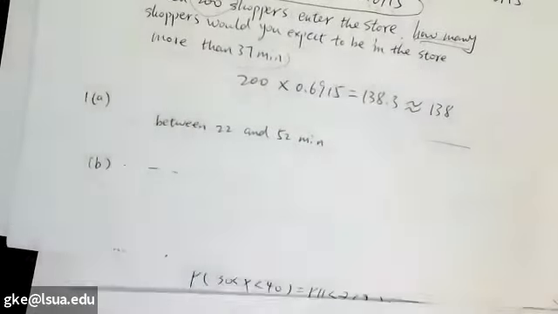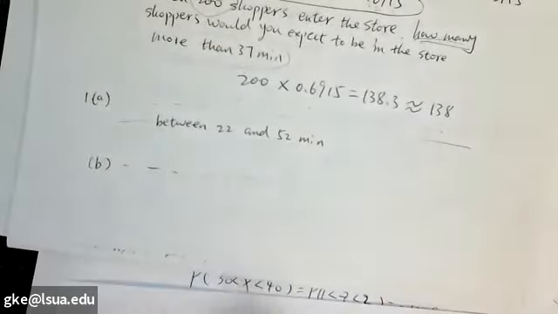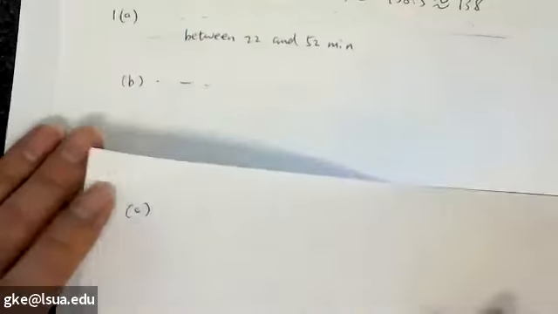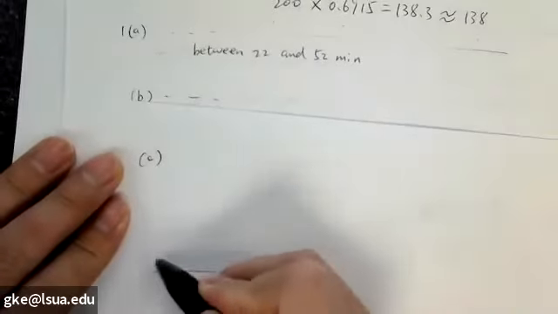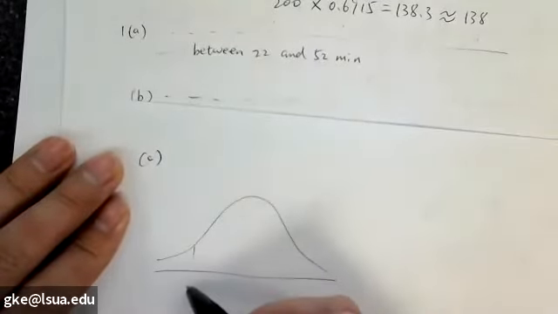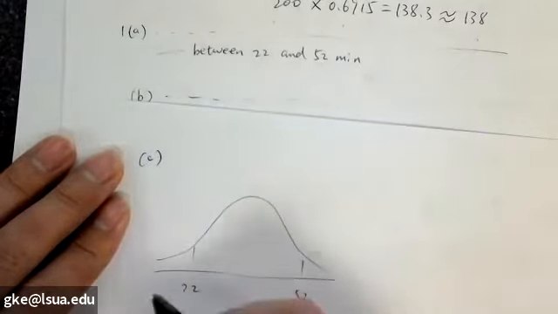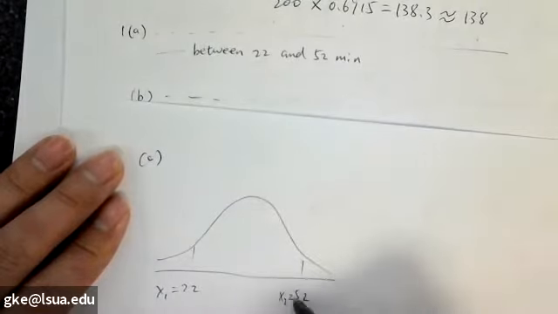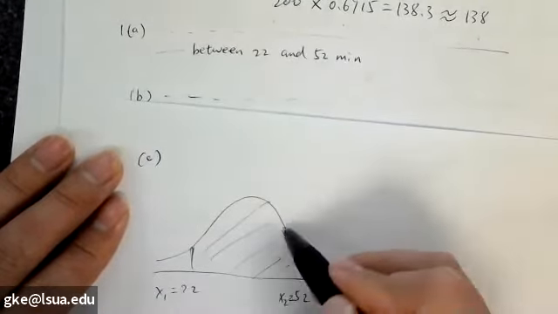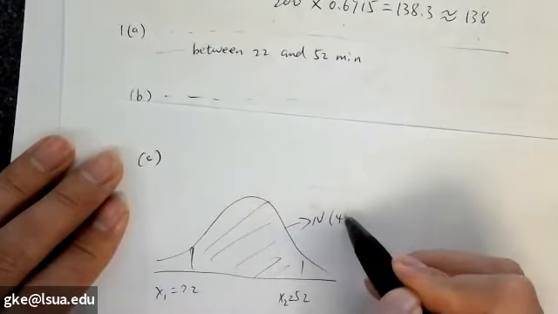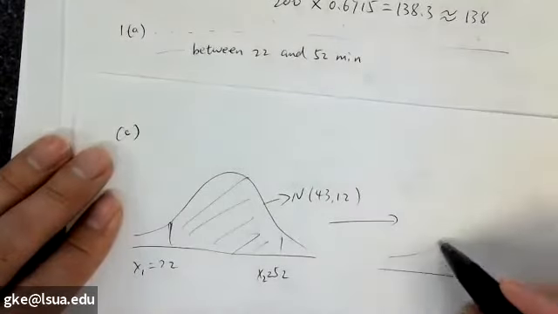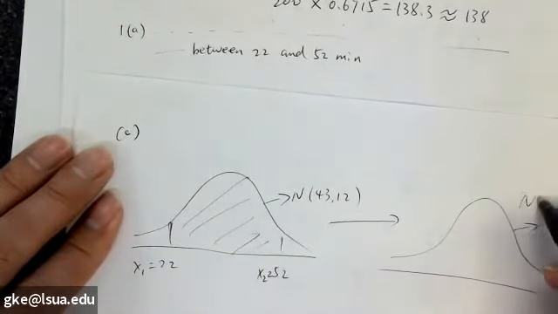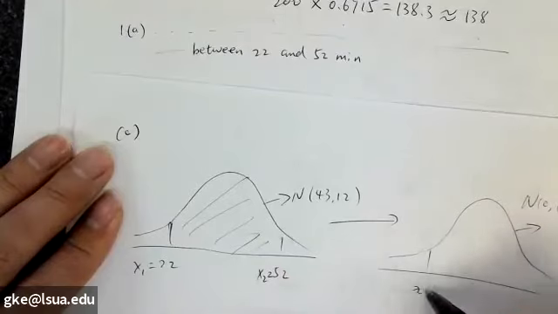Okay, I'm gonna write down the answer on board. So now, I can solve it. We have 22, 52, x1, x2. Okay, we calculate the area in the middle. Now we transform it. We have z1 and z2.